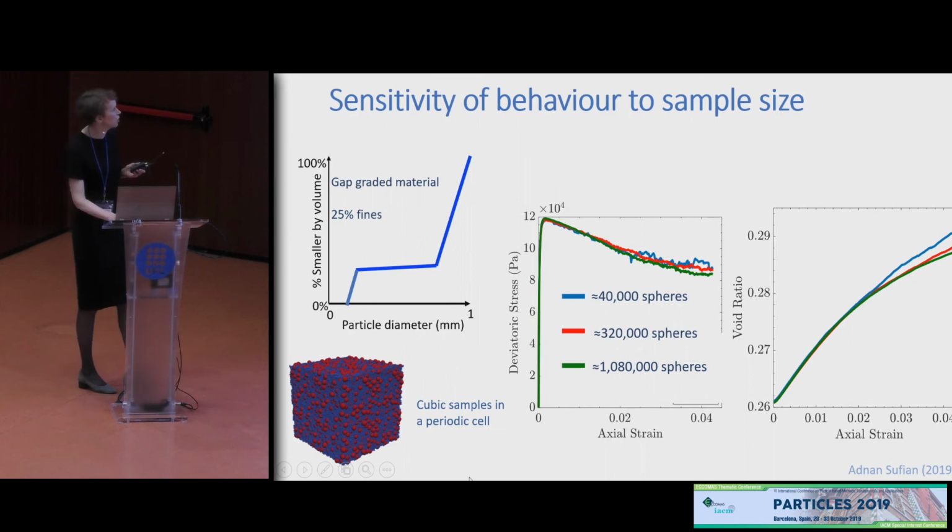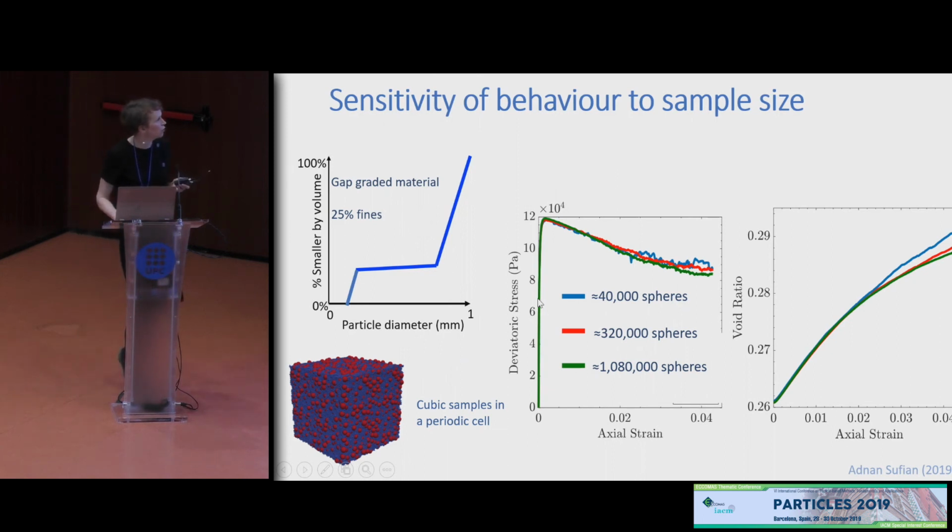And here are some data that were recently generated by Adnan Sufyan when he was working at Imperial College, looking at triaxial test simulations of gap-graded materials and showing a clear sample size effect for this material, particularly. So we need to be mindful of this when we're doing our simulations.